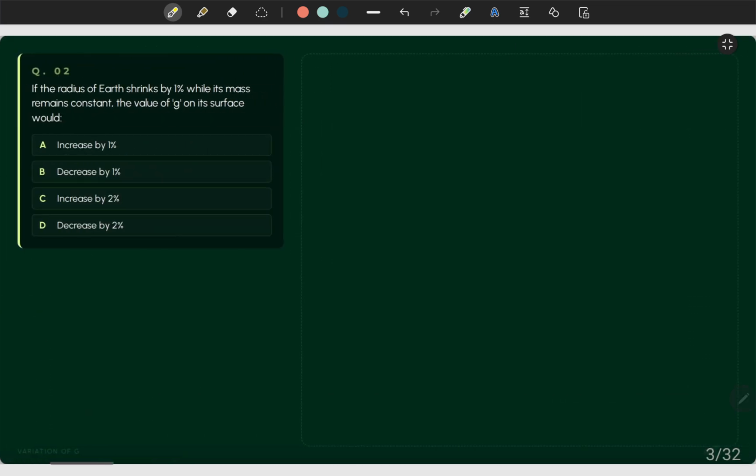Now question number 2. If the radius of Earth shrinks by 1% when its mass remains constant, the value of g on its surface would be A, B, C, D. Increases by 1%, decreases by 1%, increases by 2%, decreases by 2%. So for this, we will again take the formula for value of g. g is equal to GM by r square.